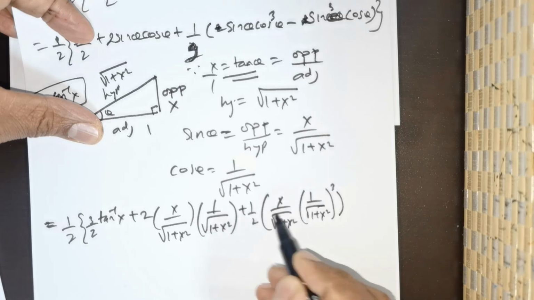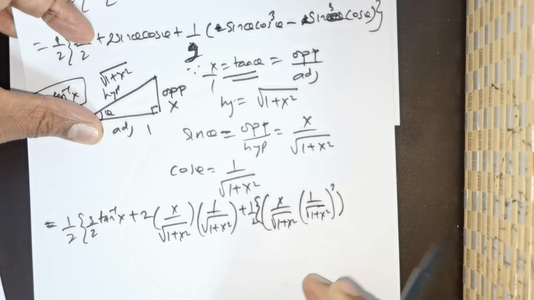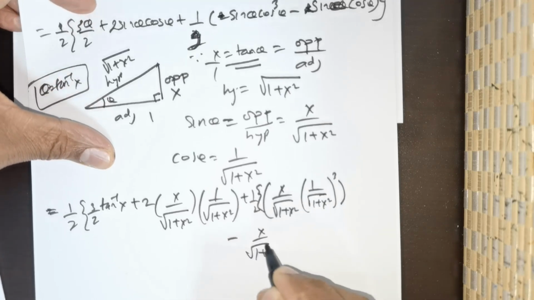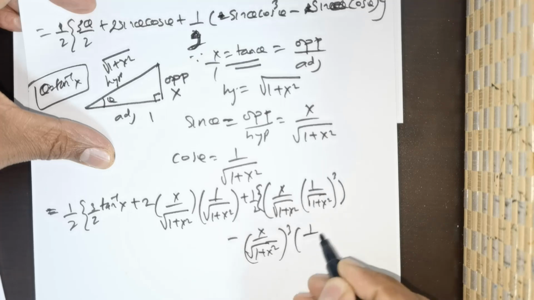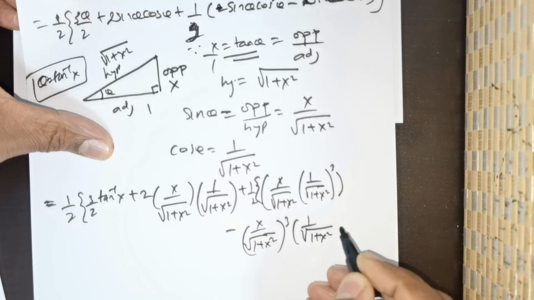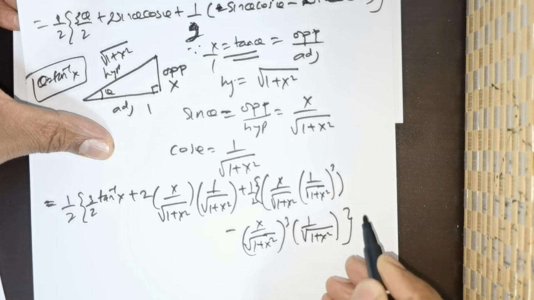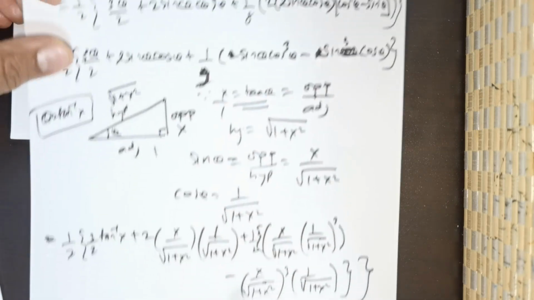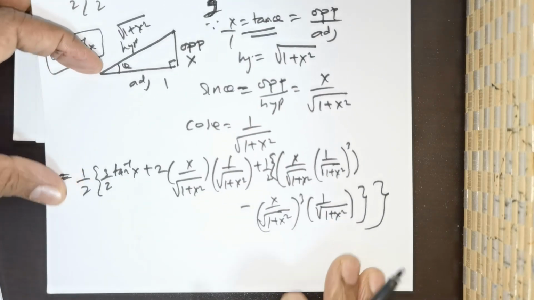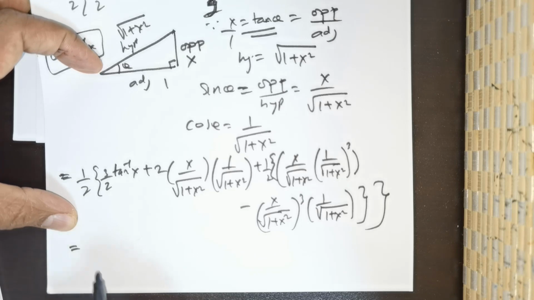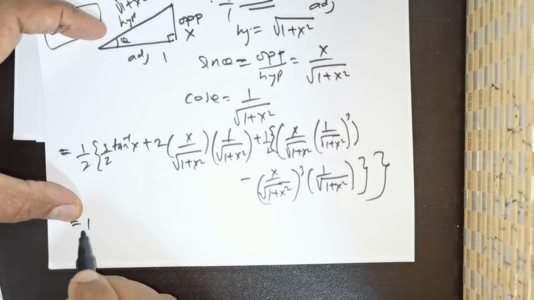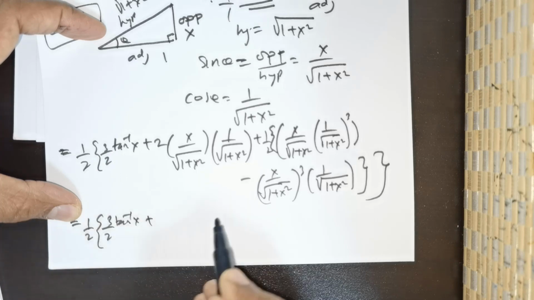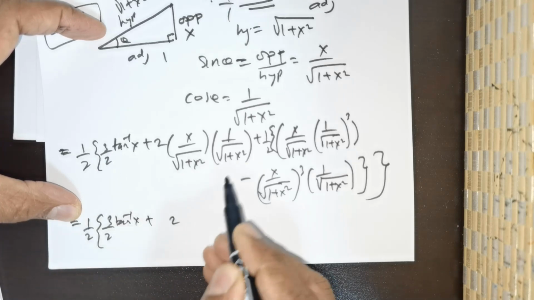Okay, now this is the first term, followed by sine cube, x over root of 1 plus x squared raised to the power of 3 times 1 over root of 1 plus x squared. Alright, so we need to evaluate this. So this is equal to 1 over 2 times 3 over 2 tan inverse of x plus root of 1 plus x squared times root of 1 plus x squared.